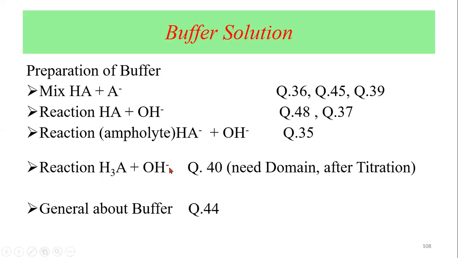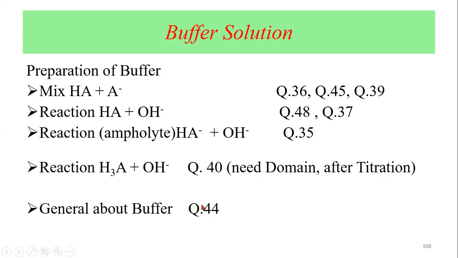At the end of the course, after titrations, I will do question number 30, which is a triprotic acid with OH-. That can give me up to 3 different types of buffer solutions, because we're going to look at the buffer domains, and we're going to do that after titration along with question number 10 in this course.